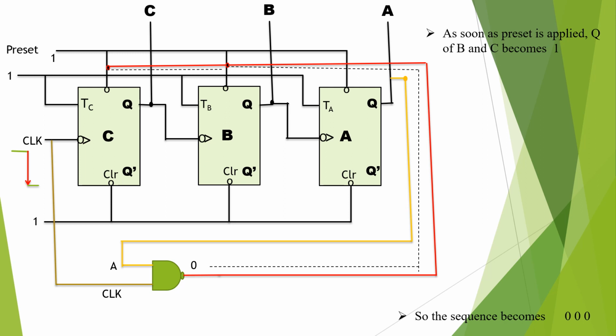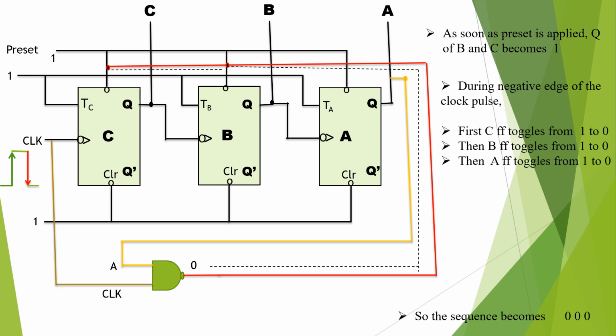Now as soon as the next clock pulse comes, during the negative edge of the clock pulse, there will be a toggle starting from C flip-flop. C toggles first 1 to 0, then B toggles from 1 to 0, then A toggles from 1 to 0.